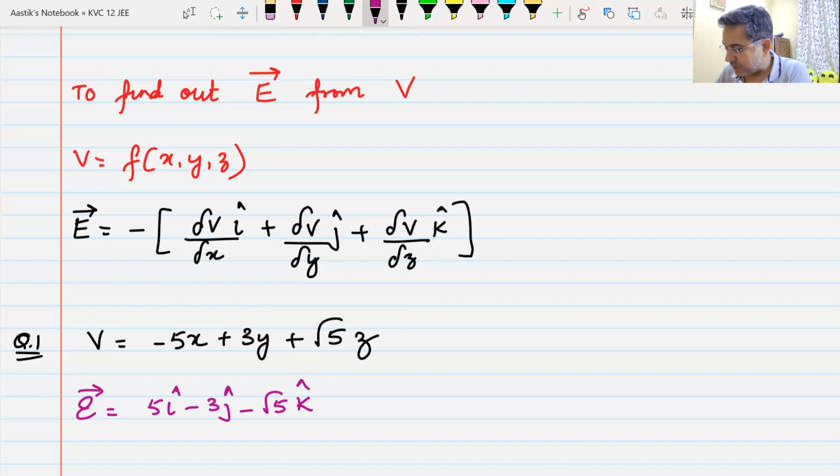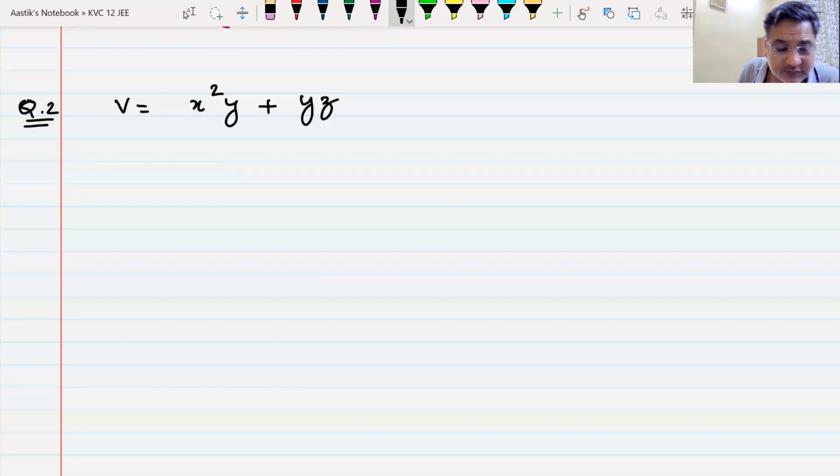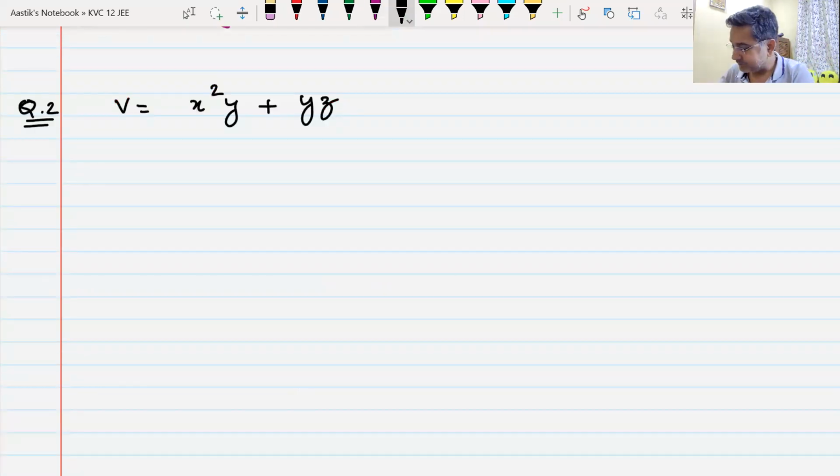One more just to check you. Potential is given, easy. Remember, this is not a problem of physics. This is a problem of maths. Find the electric field for this scalar function.